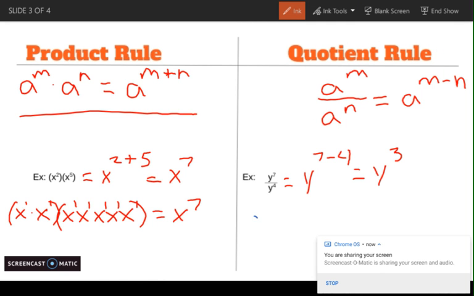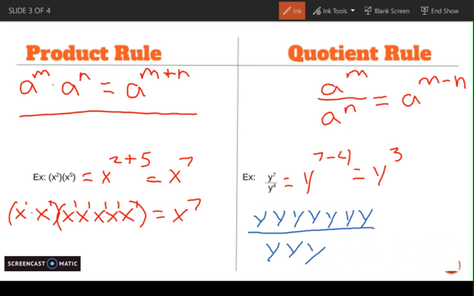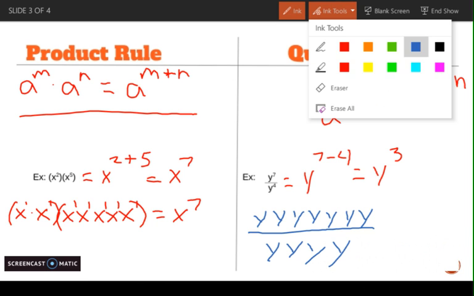Now, again, if we write this out, I'm going to change colors. So we have y 7 times, 3, 4, 5, 6, 7. And then on the bottom, we have y times itself 4 times. Then we can cancel these out.